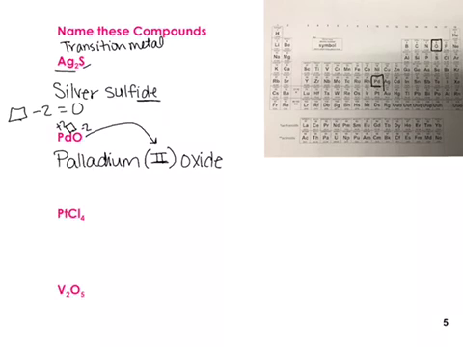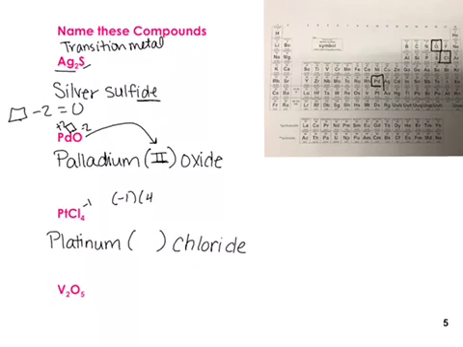So another example, we can look at platinum. Platinum falls in your transition metals. So you put the parentheses, and then we have chlorine, but chlorine becomes chloride because it's an anion. And then chlorine has that -1 charge. But since we have 4 of them, our overall charge on chlorine in this compound is -4.